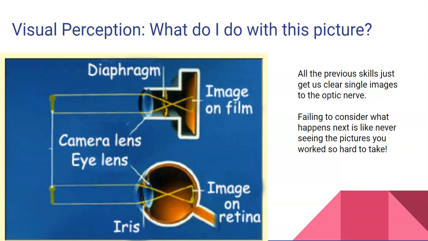But the pictures on the film or retina have no meaning or significance until they are developed. The brain is where the pictures are developed. In digital cameras, it all happens so fast, it's easy to forget that there must be a processing system for us to be able to see the pictures we take. Failing to consider what happens next with our vision is like never seeing the pictures we worked so hard to take.